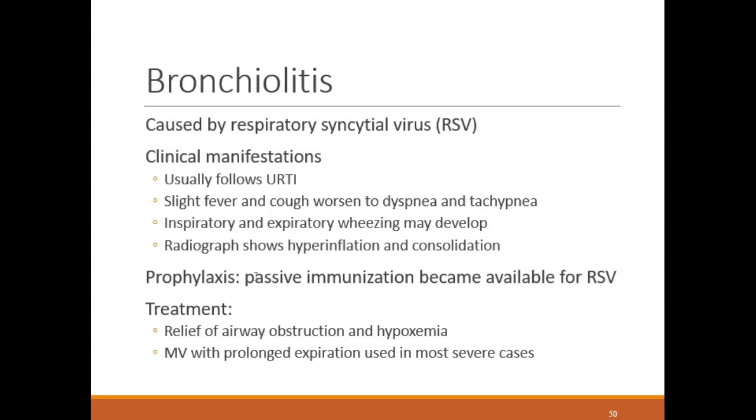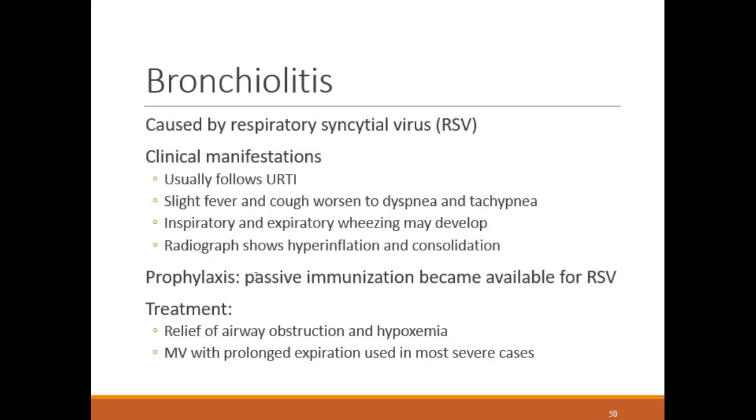Okay, so bronchiolitis. This is usually caused by RSV. So it's usually an upper respiratory infection, RSV, causing that acute infection of the lower respiratory tract, which is going to cause bronchiolitis. So typically these babies are going to present with a lot of upper airway secretions.